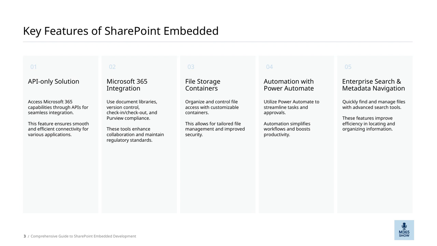Finally, Microsoft 365 integration can be accessed through APIs, providing seamless connectivity across applications. This API-only solution makes sure that different systems work together efficiently and effortlessly. All these features together highlight how SharePoint Embedded is designed to improve productivity, security, and integration, key themes that run throughout this presentation.